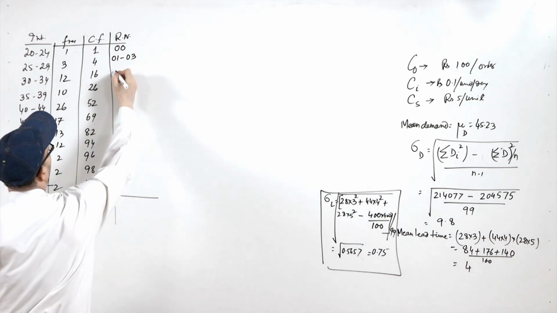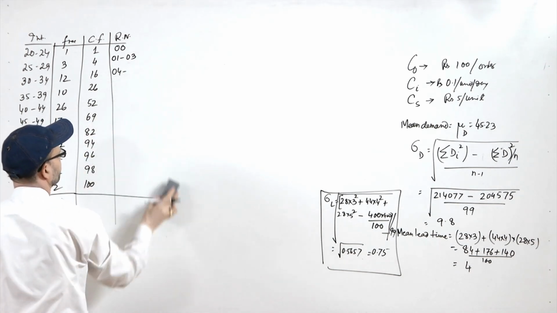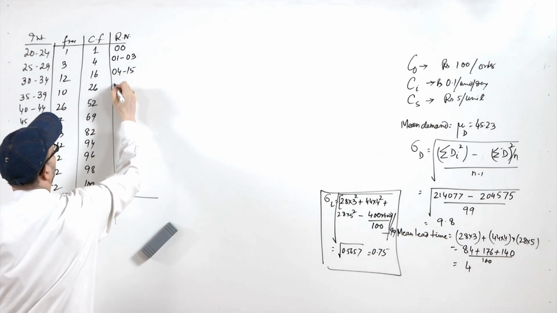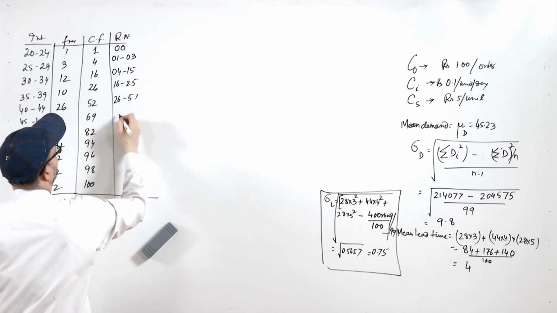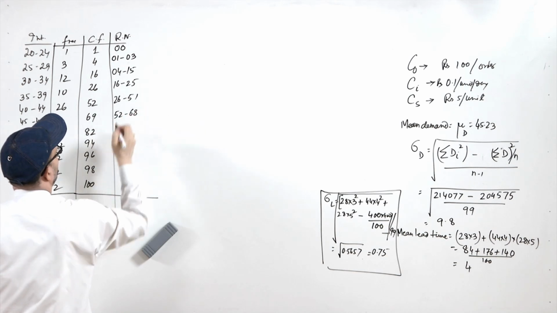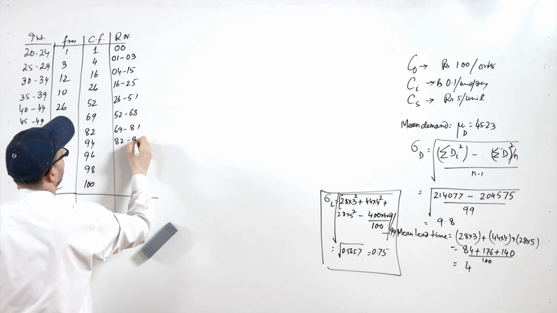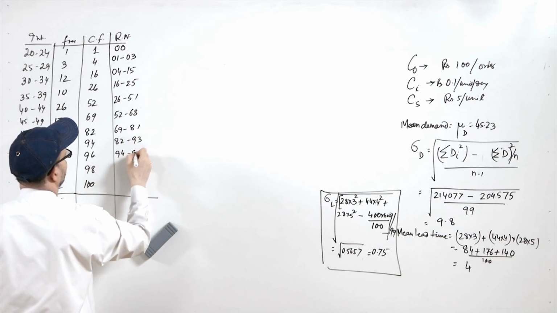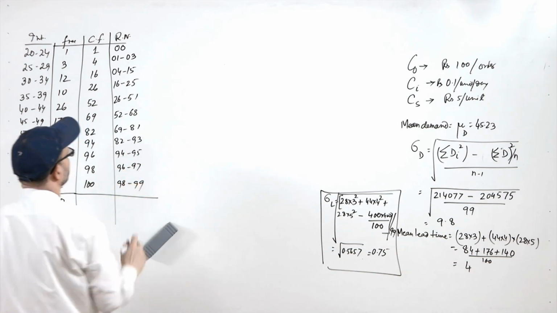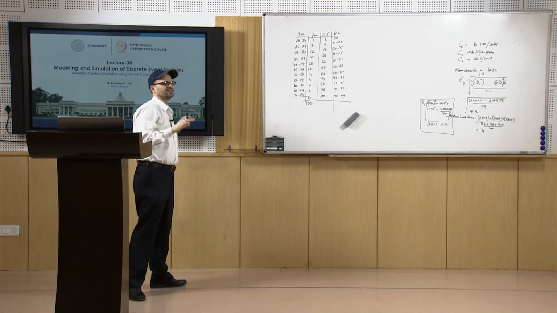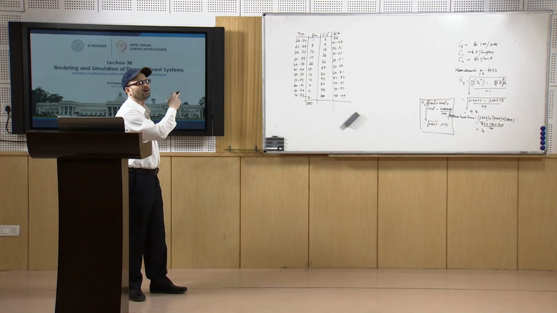Then you have 04 to 15, 16 to 25, 26 to 51, 52 to 68, 69 to 81, 82 to 93, 94 to 95, 96 to 97, and 98 to 99. This way you have assigned the random numbers for these demand values.